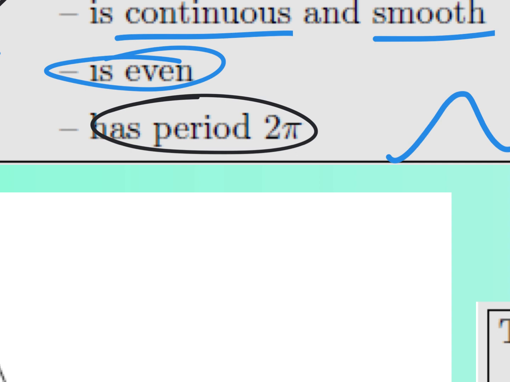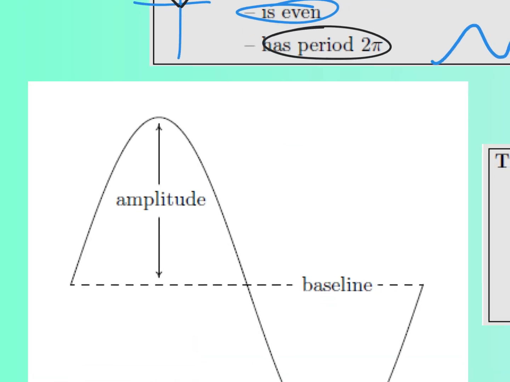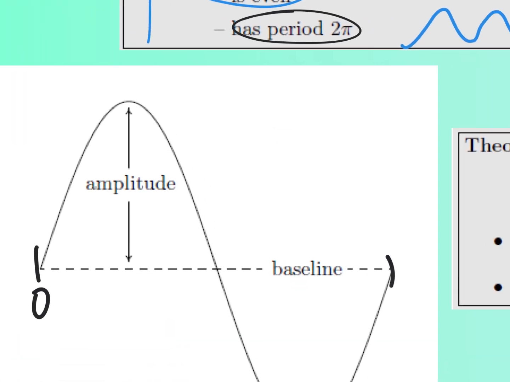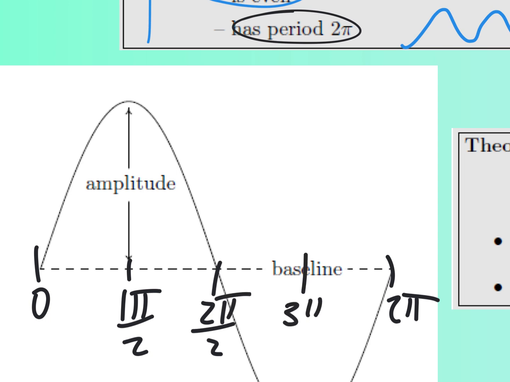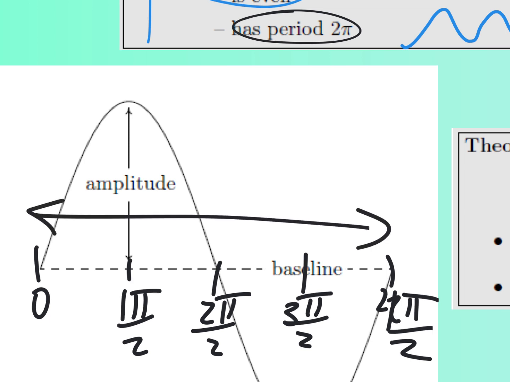Its period is 2 pi. That means it completes a whole cycle by the time you go from 0 to 2 pi. I like to count that up by going 1 pi over 2, 2 pi over 2, 3 pi over 2, and 4 pi over 2. But you know that 4 pi over 2 is the same as 2 pi, right? So the period of this thing is how long it takes to complete the complete cycle. That's called its period.